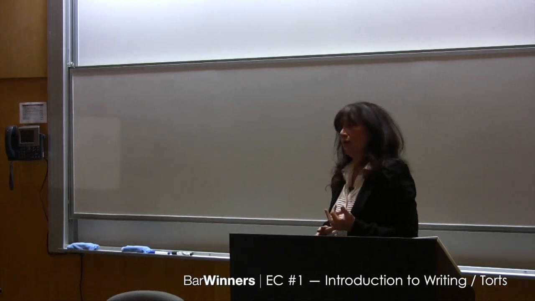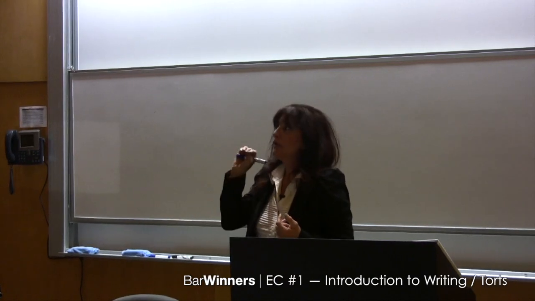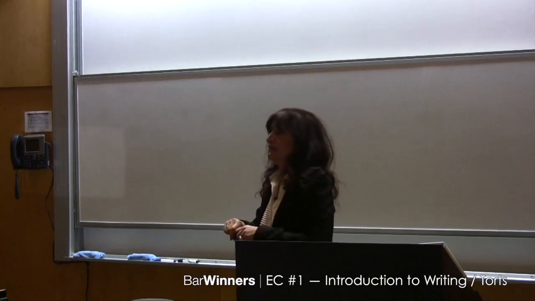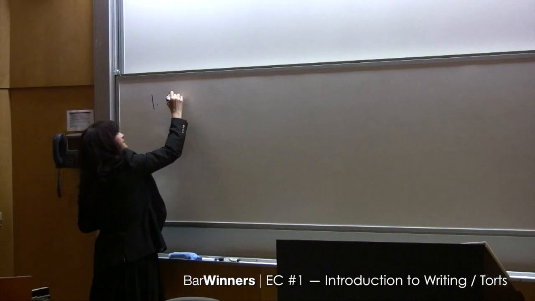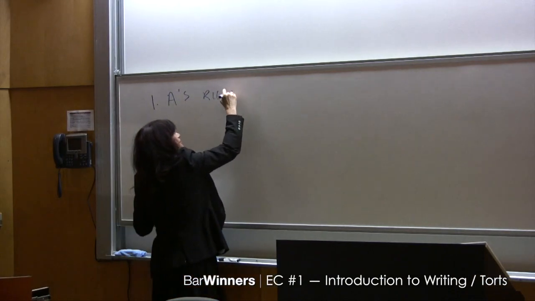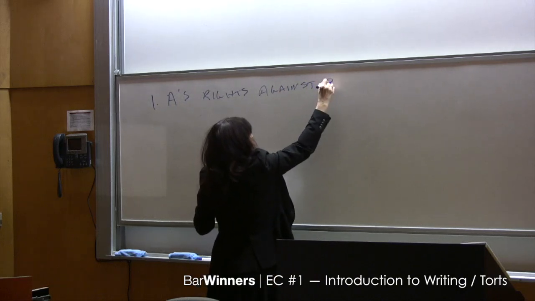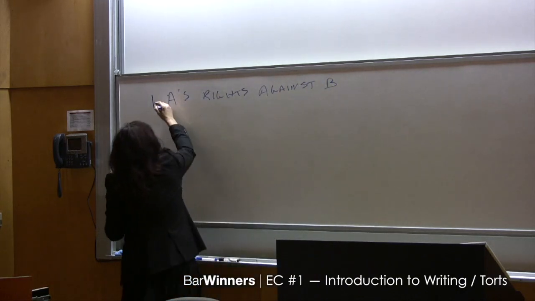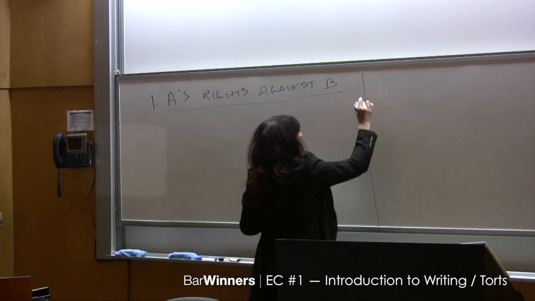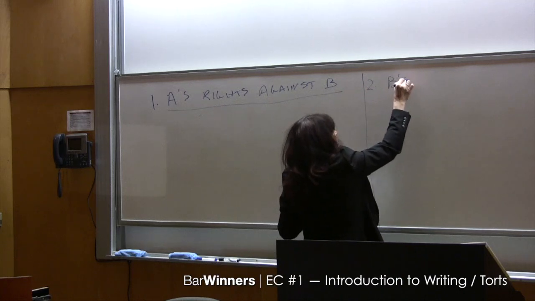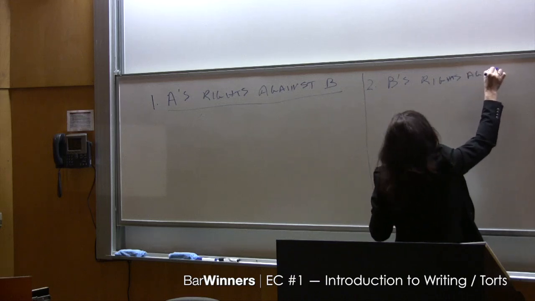Second trick to pass the California Bar, you are always going to number exactly the way the question numbers. If the call of the question says, number one, what are A's rights against B? You're going to say number one, A's rights against B. And let's say the second call is, what are B's rights against C?